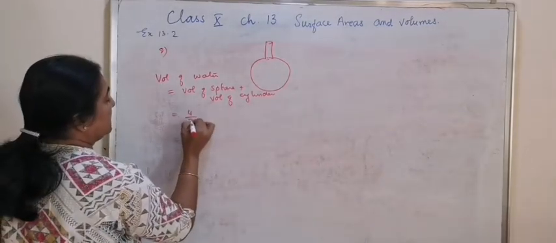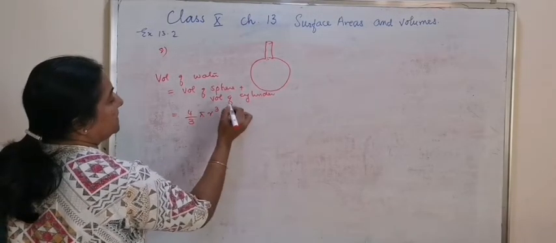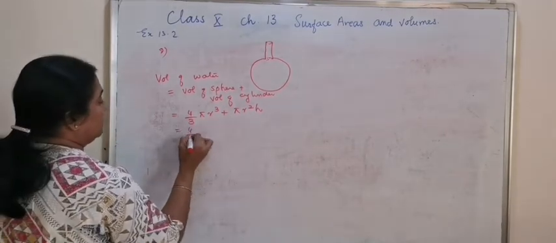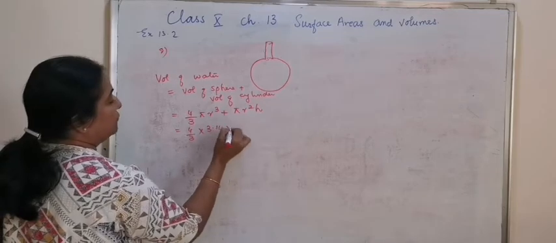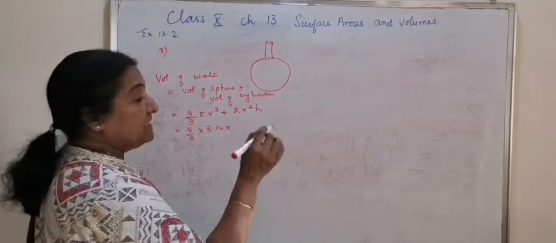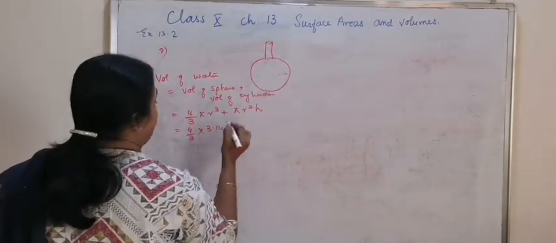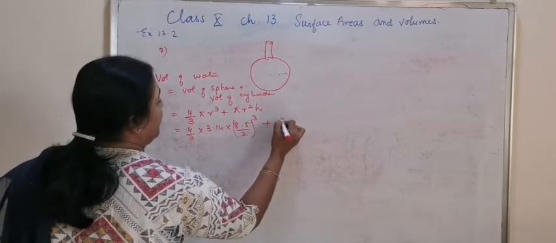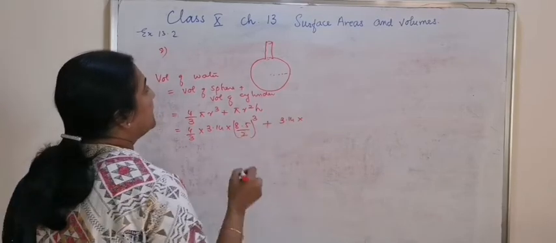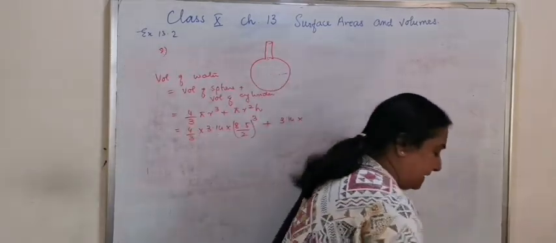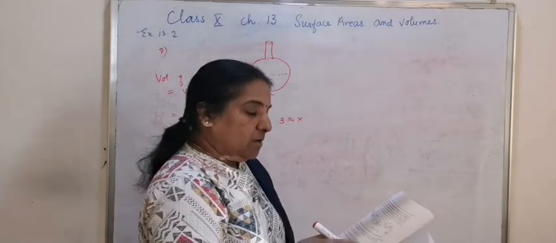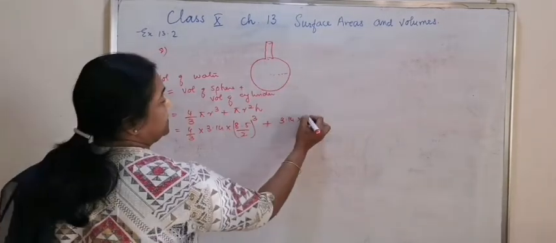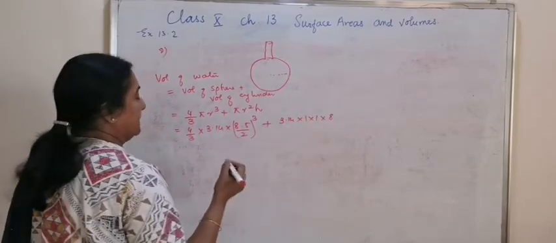The formula is 4 by 3 pi r cubed plus the cylinder pi r square h. Let's substitute 4 by 3, 3.14, for the spherical portion. The diameter is given as 8.5, so the radius is 8.5 by 2 the whole cubed, plus 3.14 into the radius of the cylindrical part, which is 1 centimeter, and the height is 8 centimeter. That is 1 into 8.